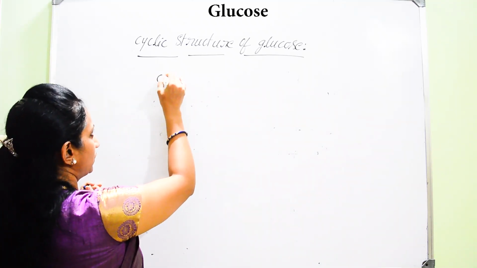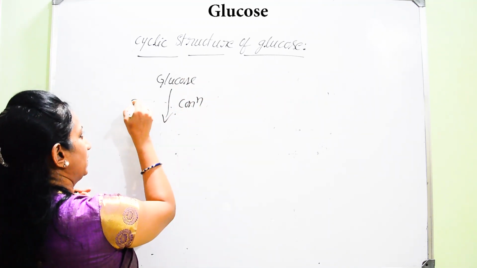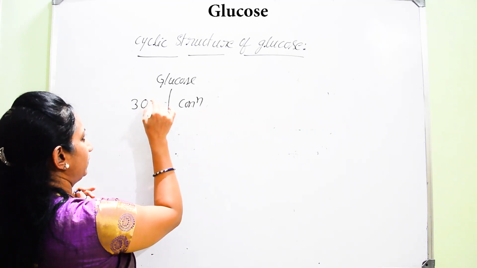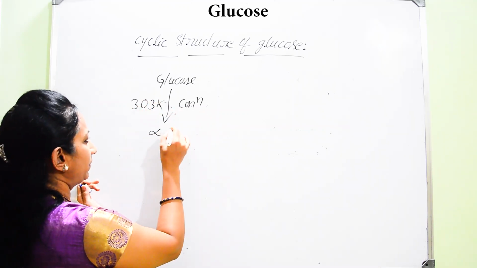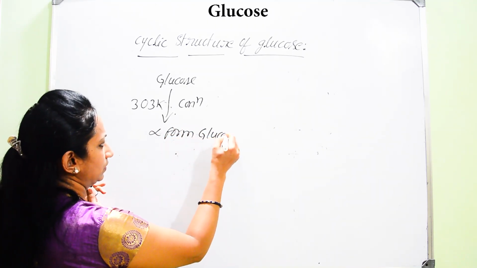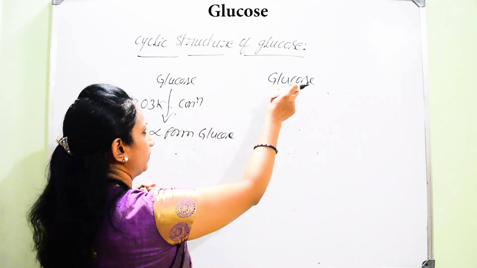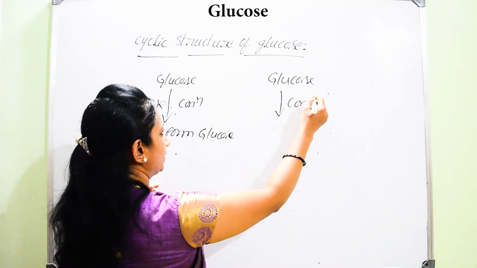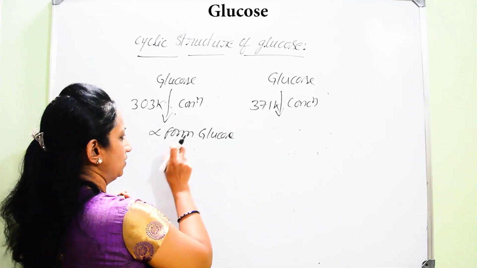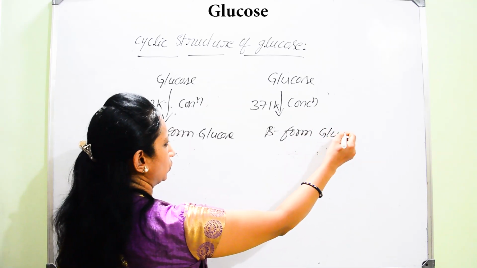When glucose was subjected to concentration at a particular temperature, 303 Kelvin, there was formation of the alpha form of glucose. Starting from glucose, when it is concentrated at a different temperature, around 371 Kelvin, there is formation of the other form, the beta form of glucose.